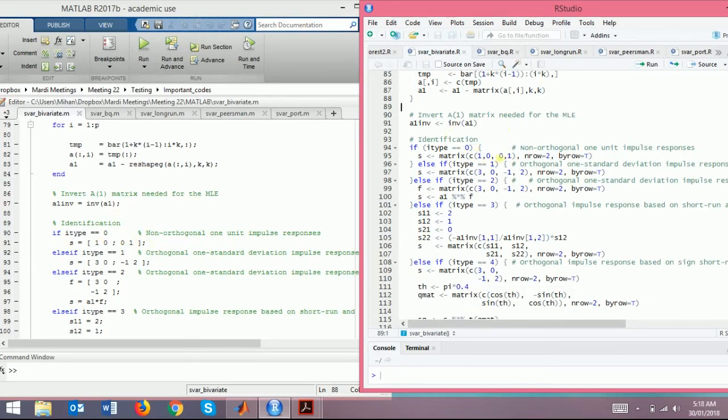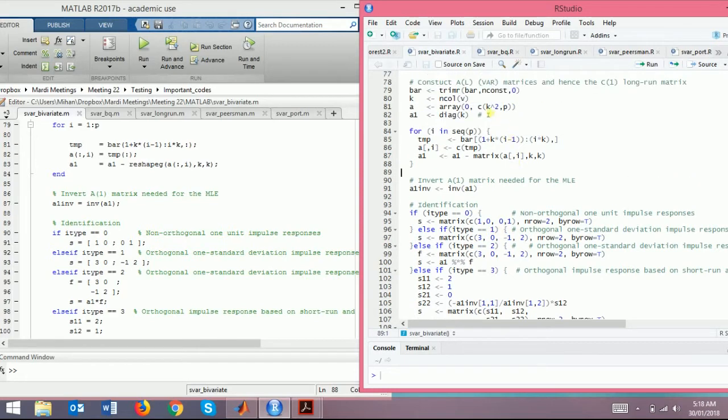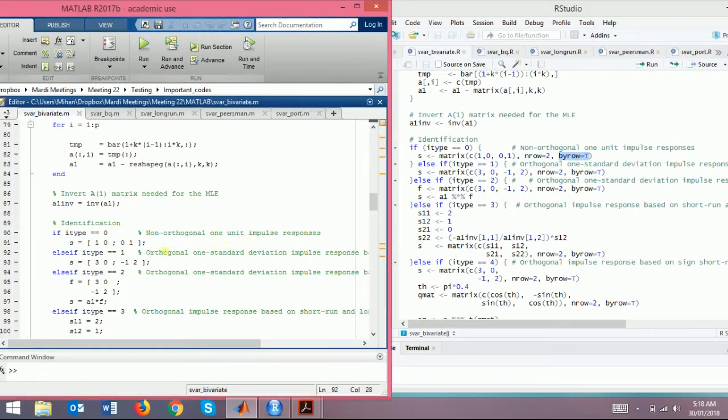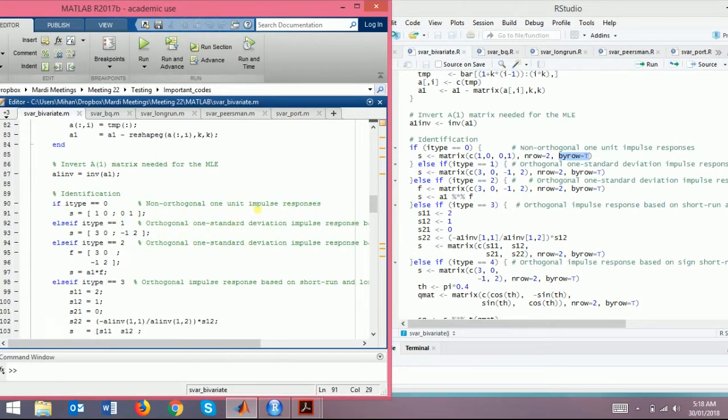So if I type 0, start the logic here. S is equal to matrix by combining 1001, k square, number of rows is 2, by row is true. By row is true means the elements are placed by the rows. So you have 2 rows, and we are setting our matrix to be created by row.